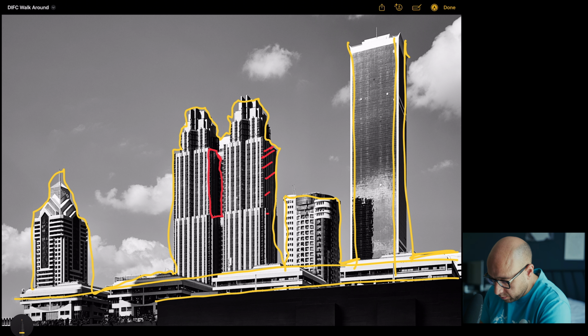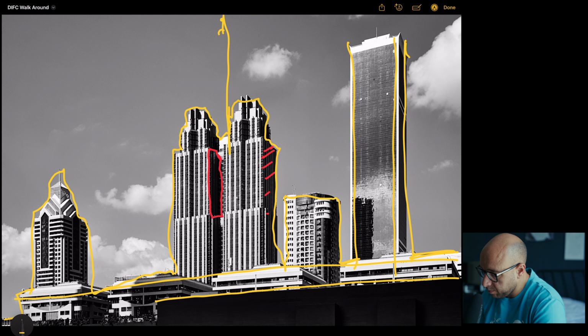And when you add these up, you get a very nice sense of the buildings, and there is a little bit of symmetricality to it, with the difference that this is a shorter building than this.